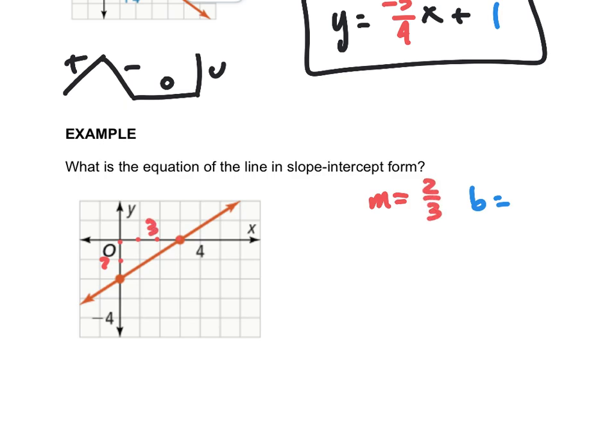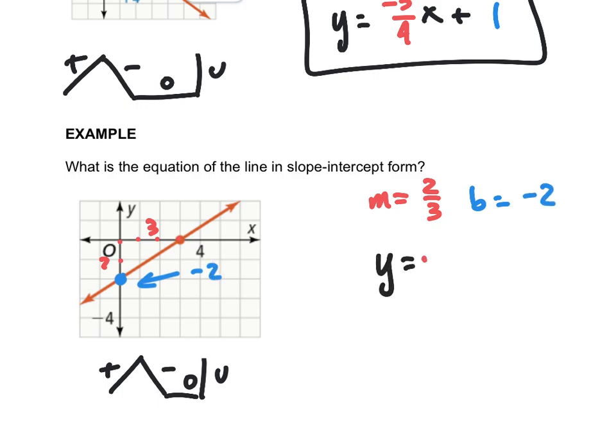Now remember, we've got 4 kinds: positive, negative, 0, and undefined slope. So when I look at this, because it's going up to the right, it's got a positive slope. All right, so that number is positive. Now our y-intercept here is down here at -2. So b equals -2. So then we can write our equation in the form of y equals mx plus b.